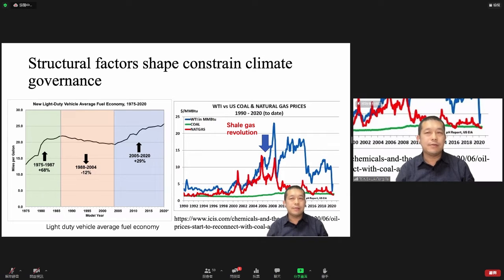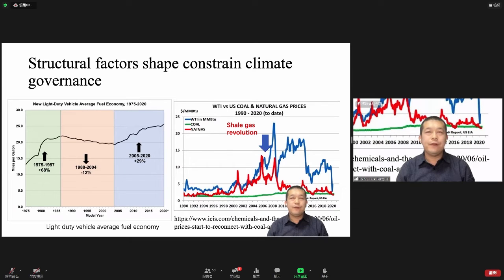That reduced emissions from the transportation sector, which accounts for almost one third of United States emissions. And then there was the shale gas revolution, also happening at almost the same time, in the mid 2000s, which increased the production of natural gas in the United States and reduced the natural gas price.